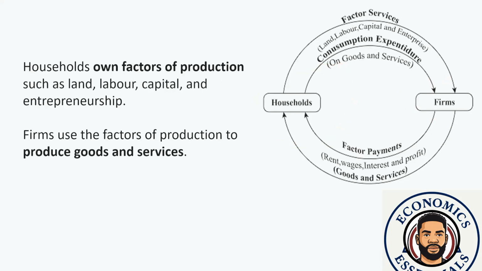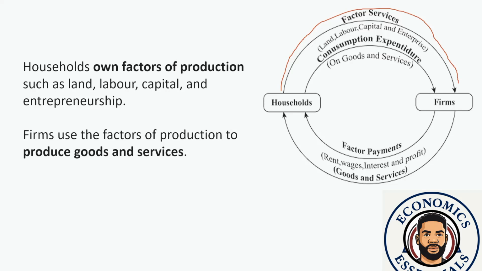Now, when we look at the household, it owns factors of production such as land, labor, capital, and entrepreneurship. Households supply these factors to firms. Here are the factors we are talking about that are being supplied to the firms, that is the factors of production that we mentioned.